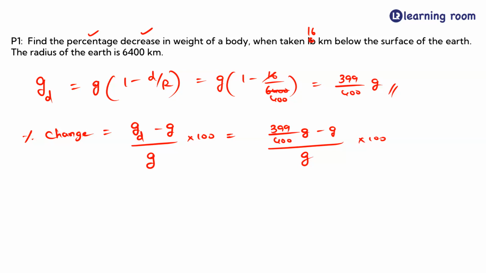So what will I get? Minus g divided by 400 divided by g into 100. g and g will get cancelled. So minus 0.25%. So the percentage change is 0.25 and it has actually decreased. Right.